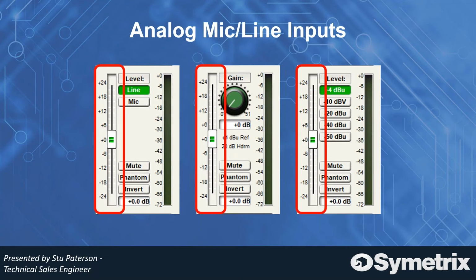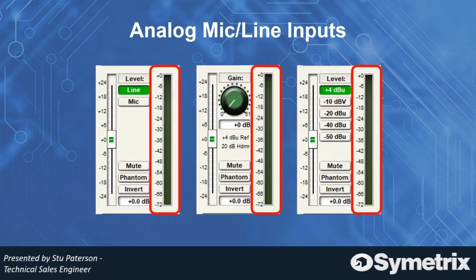Our digital trims, or our gain in general, once it's past the analog to digital converters, which is what's happening with the initial gain and level, once it gets converted to digital, this is where you can increase or decrease the volume or the level through the remainder of the programming. And we use floating point calculations as opposed to fixed point, so the resolution is much greater.